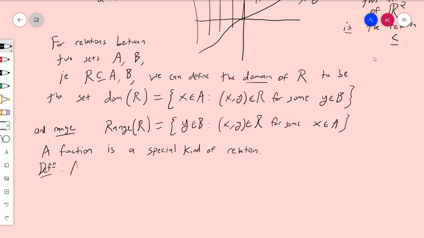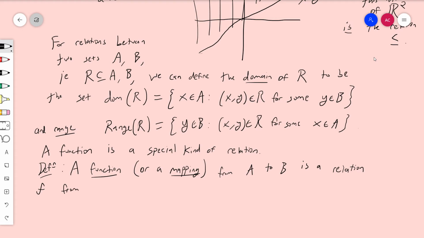A function, sometimes called a mapping, from A to B, is a relation f from A to B.